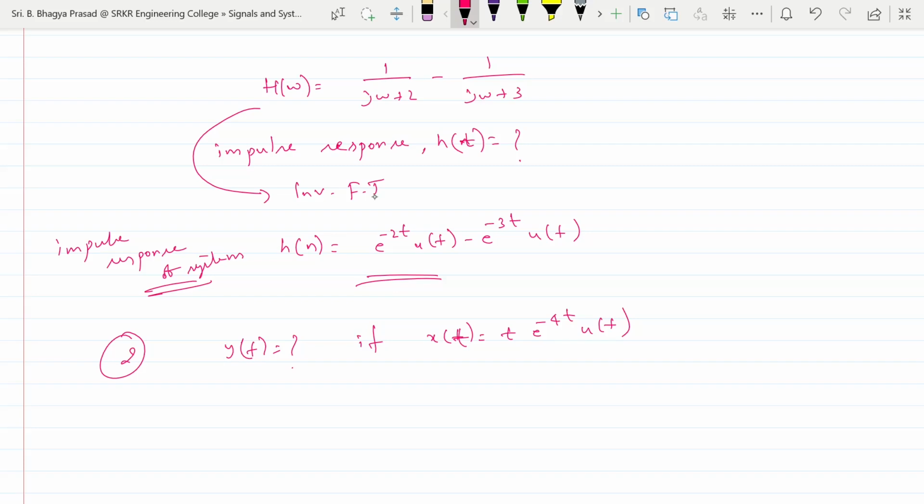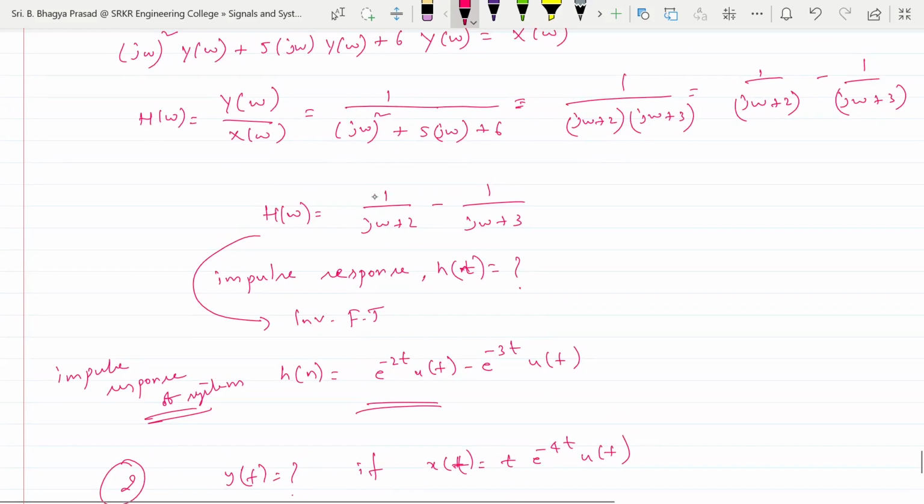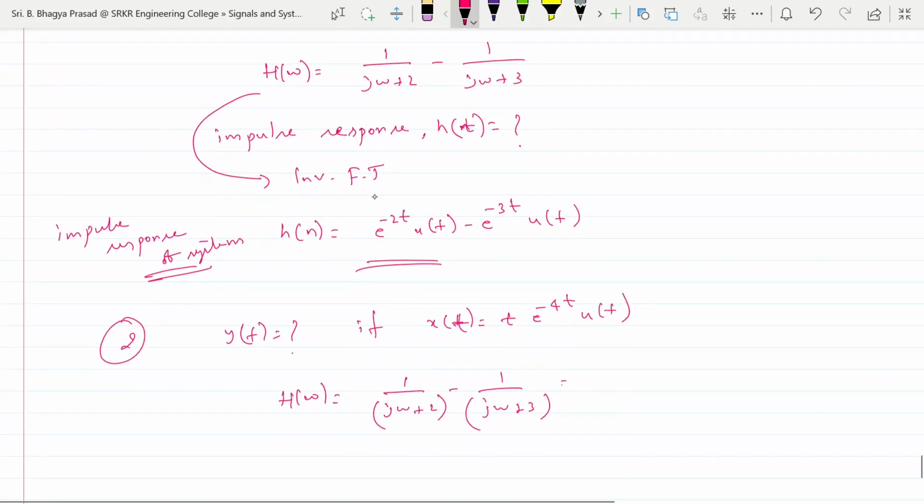You know H of omega is 1 by (j omega plus 2) minus 1 by (j omega plus 3). Or else let me go with the above one, 1 by (j omega plus 2)(j omega plus 3).